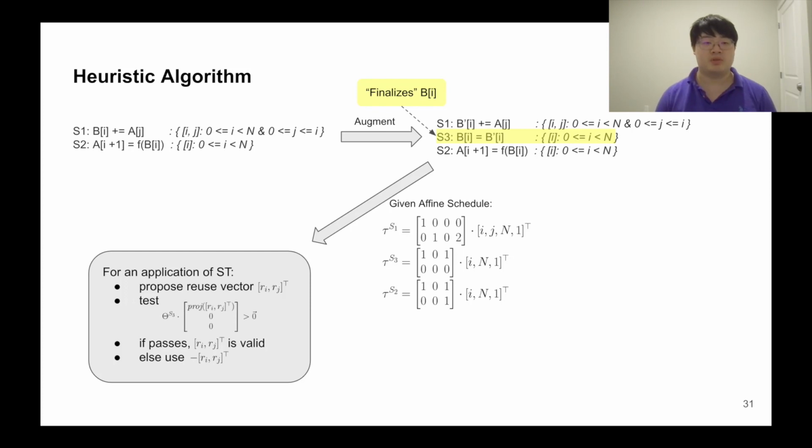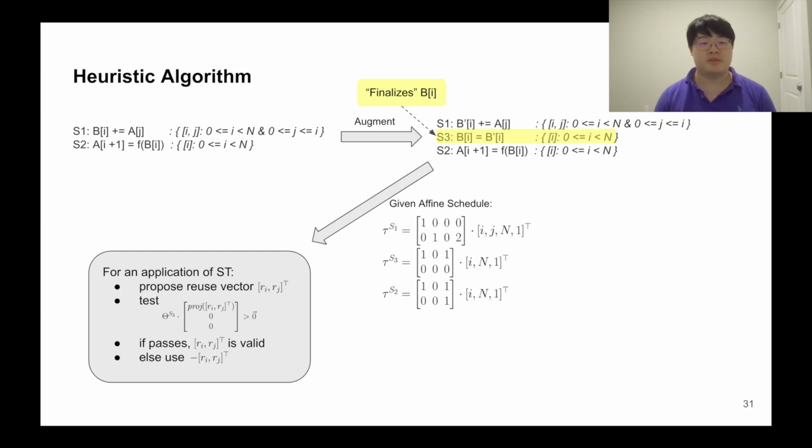It first proposes any reuse vector Ri, Rj as a potential candidate reuse vector. It then tests if the reuse vector agrees with the given schedule. It does that by simply doing a multiplication of the schedule matrix theta S3 with the proposed reuse vector.